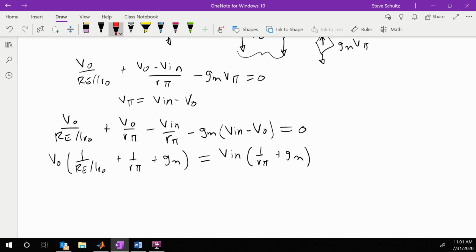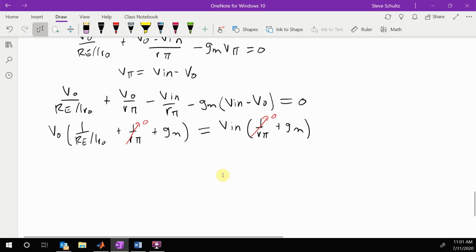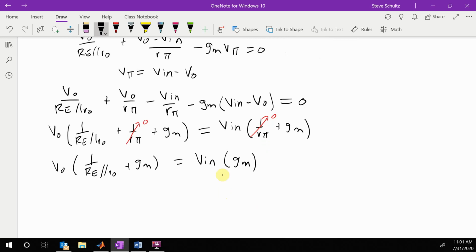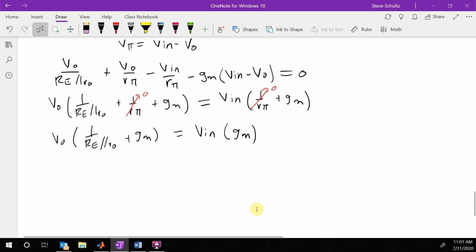And just like we did before, anytime I have a 1 over R pi plus a GM, the 1 over R pi becomes negligible. So we rewrite this to see what it looks like.